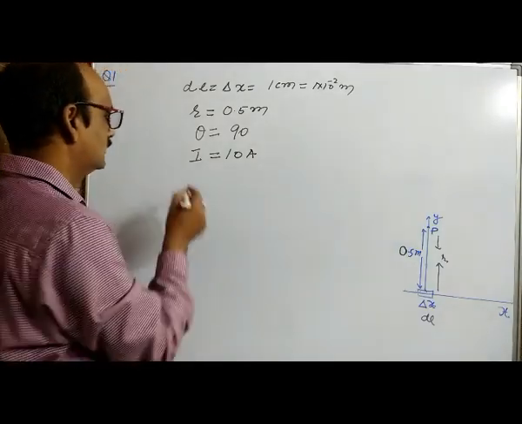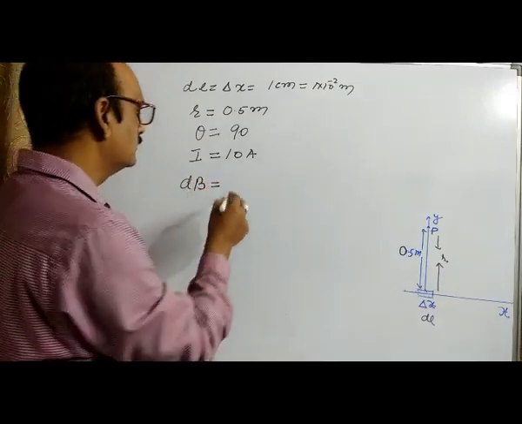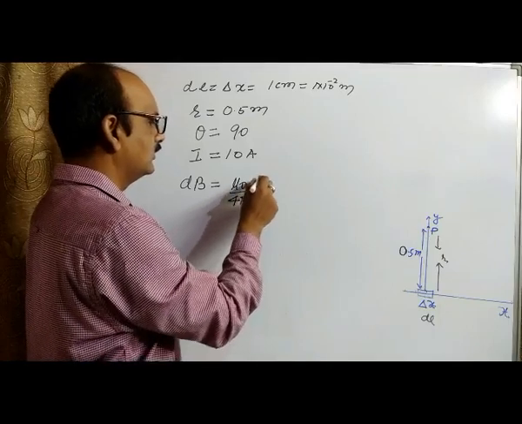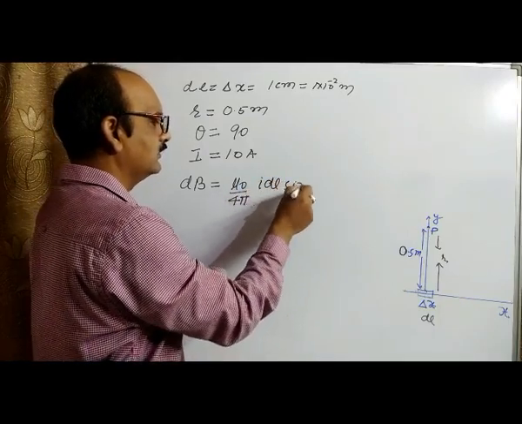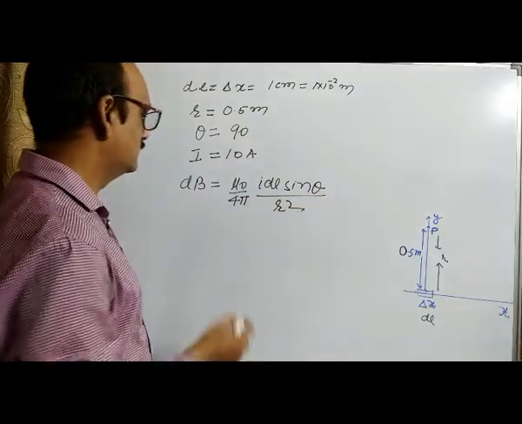Now, according to Biot-Savart's law, dB equal to mu naught upon 4 pi I dl sin theta upon R square.